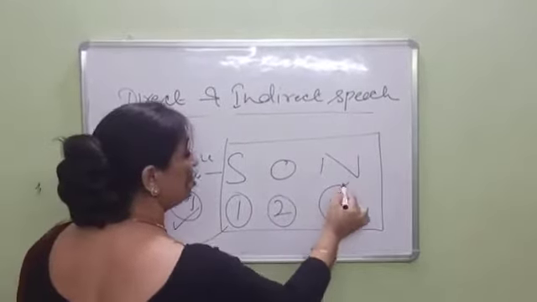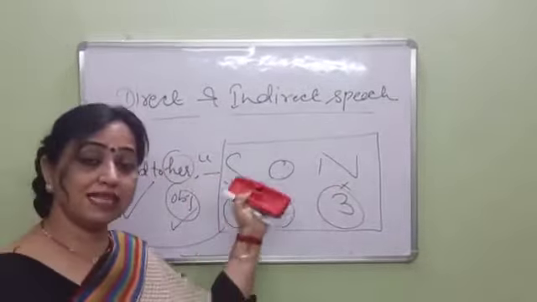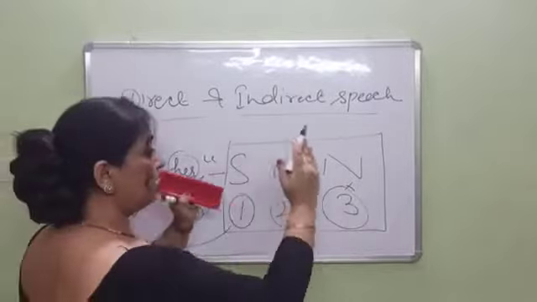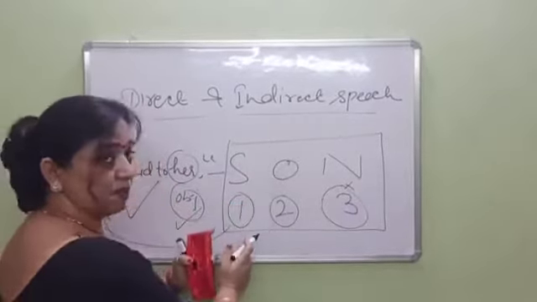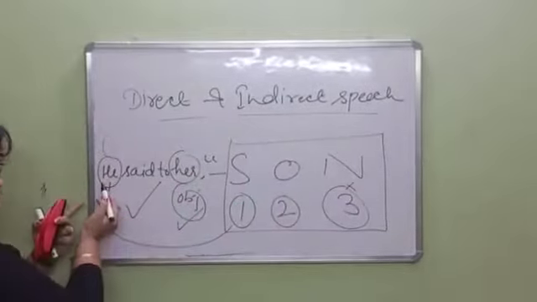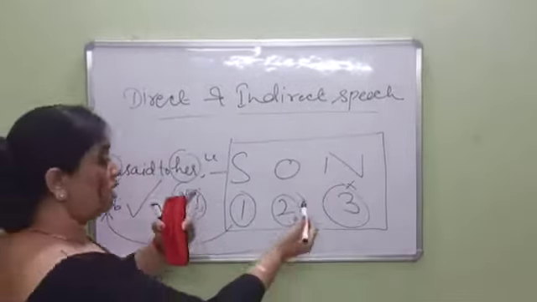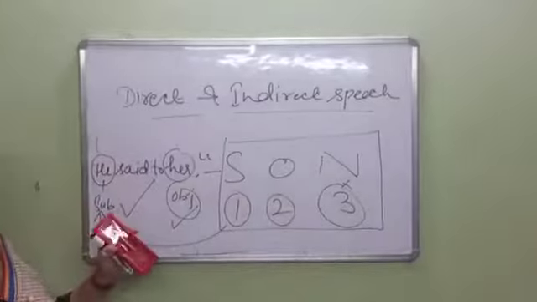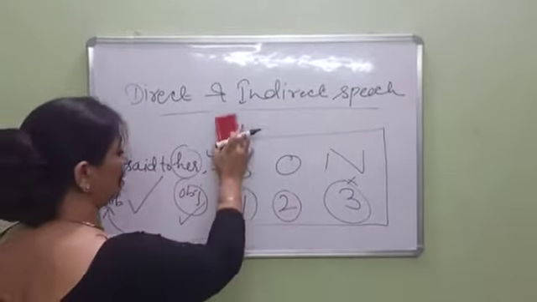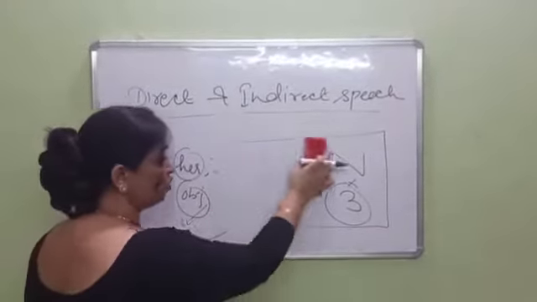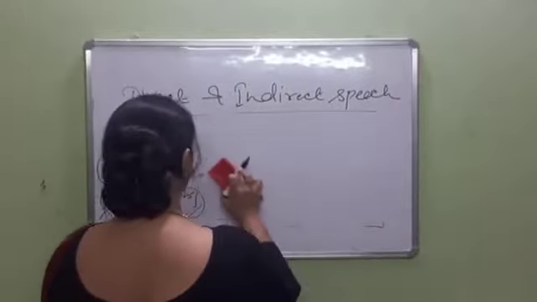It will not change. So keep this in mind: in reported speech, first person changes into subject, second person changes into object, and third person does not change. This is also a very important part of reported speech when you are changing the speech.